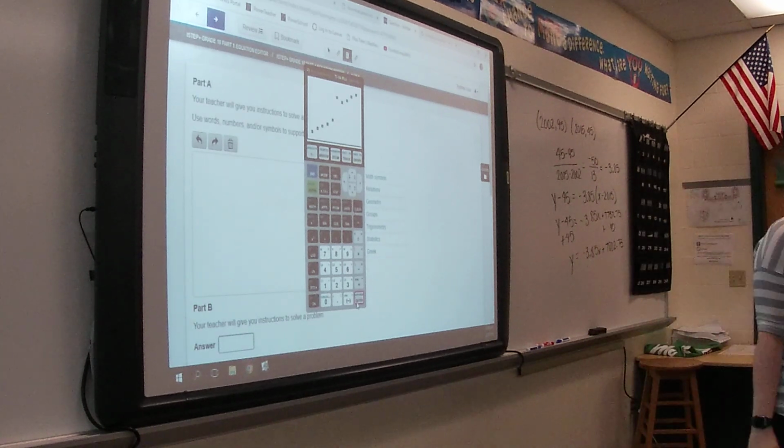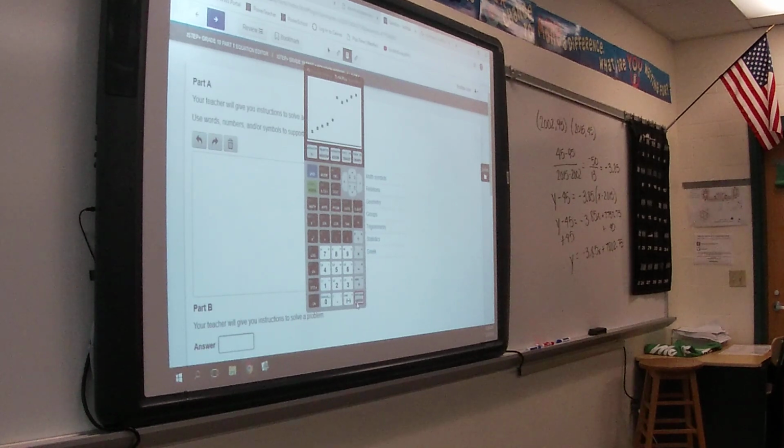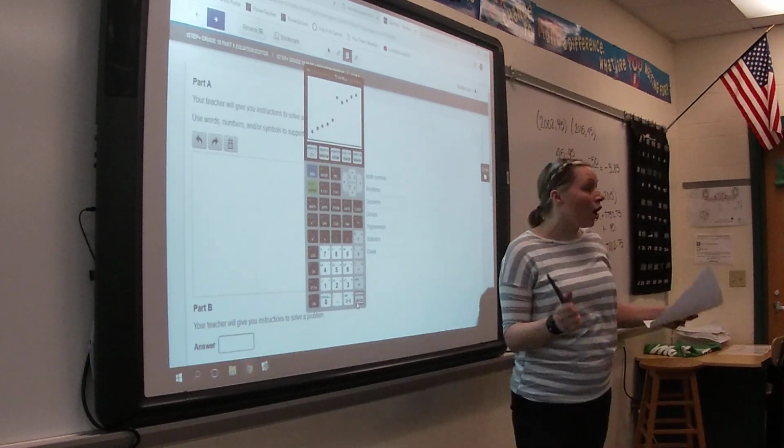Now, the next thing that we want to do is get the best fit line. To get our calculator to do the formula for the best fit line, we are going to press vars.